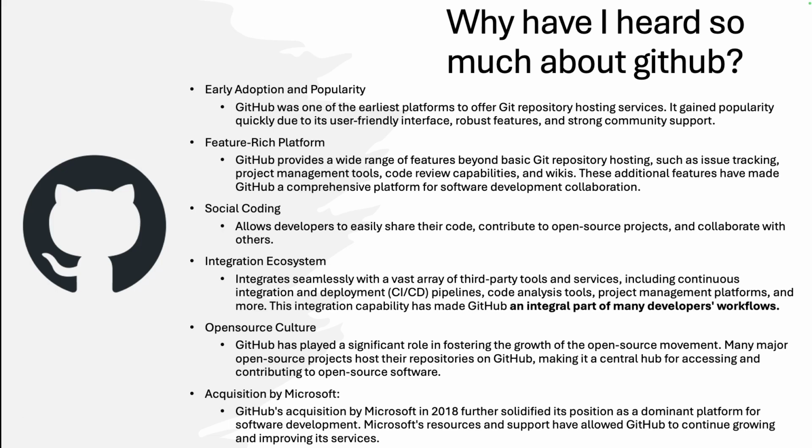That's not the way things work now. But I think that's the way the Linux kernel was intended, through user lists, you use Git to put changes into the kernel. But GitHub made it all a lot more seamless and built features around those seemingly more complicated features. So early adoption and popularity: it was one of the earliest platforms to offer Git hosting.